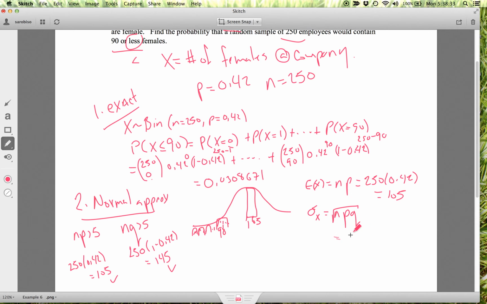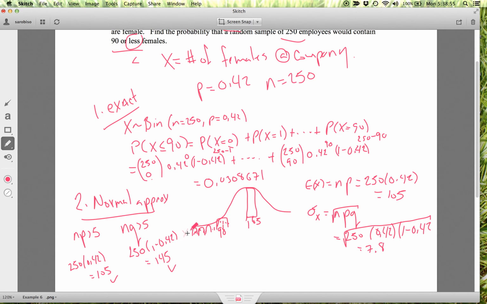This will be the square root of 250 times 0.42 times 1 minus 0.42, and we can find that the standard deviation is somewhere close to 7.8.